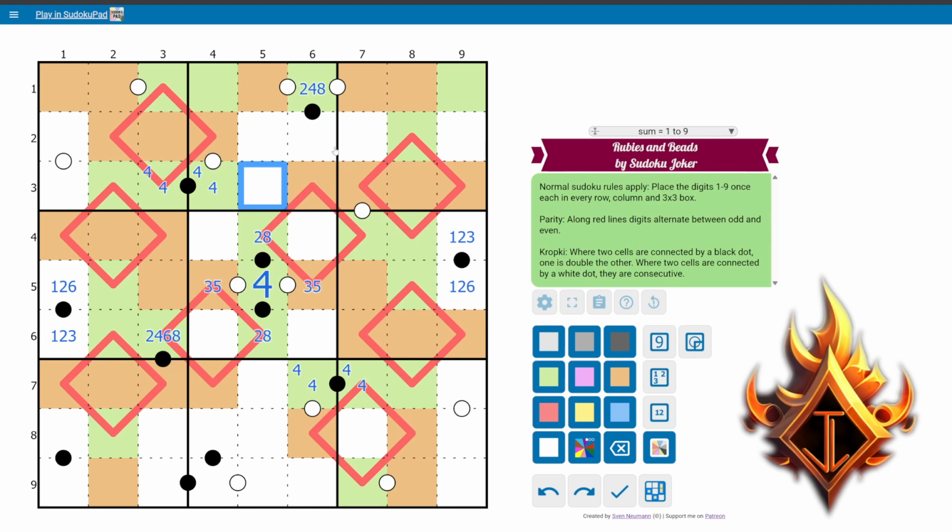9 cannot be on a black. 9 could be consecutive to 8. Okay. This cannot be 6.